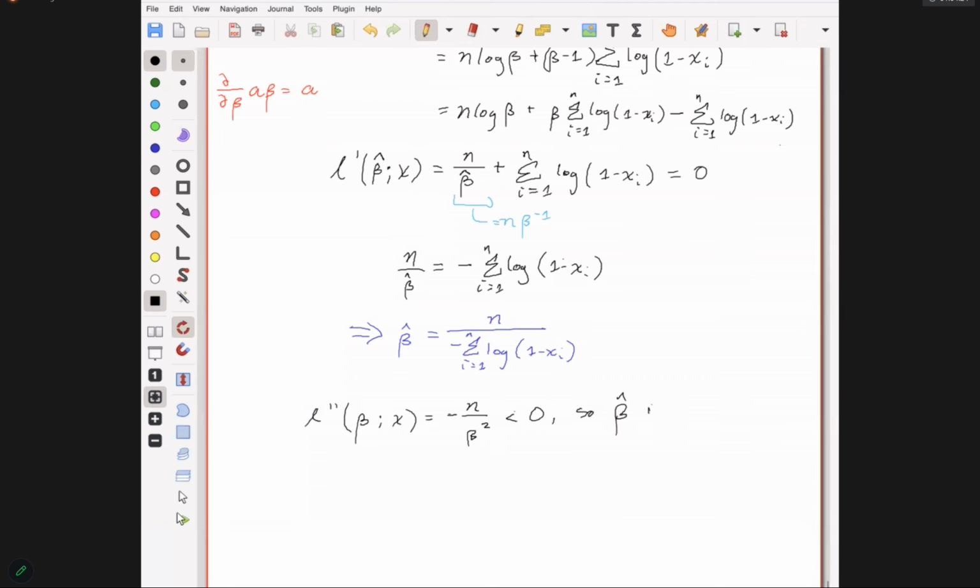So beta hat is the MLE. So beta hat, this thing here, is the MLE for beta. Does that make sense? Yes.